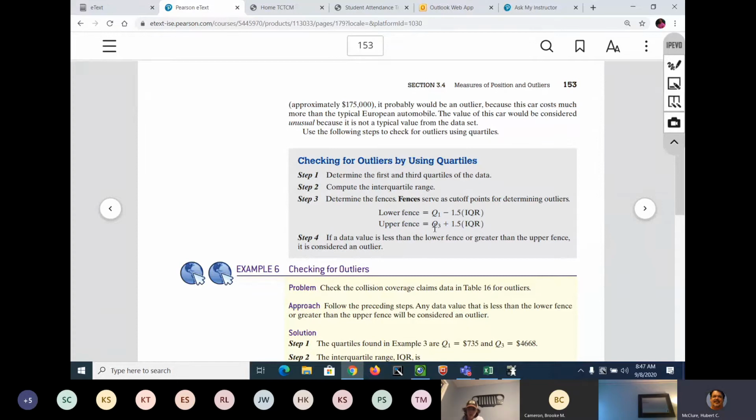The lower fence is the first quartile, which is your quarter of a tank, minus 1.5 times the interquartile range. This basically tells you, without using the empirical rule, where the outliers are. So if you want to write a note beside this, this is how you check for outliers without the empirical rule.